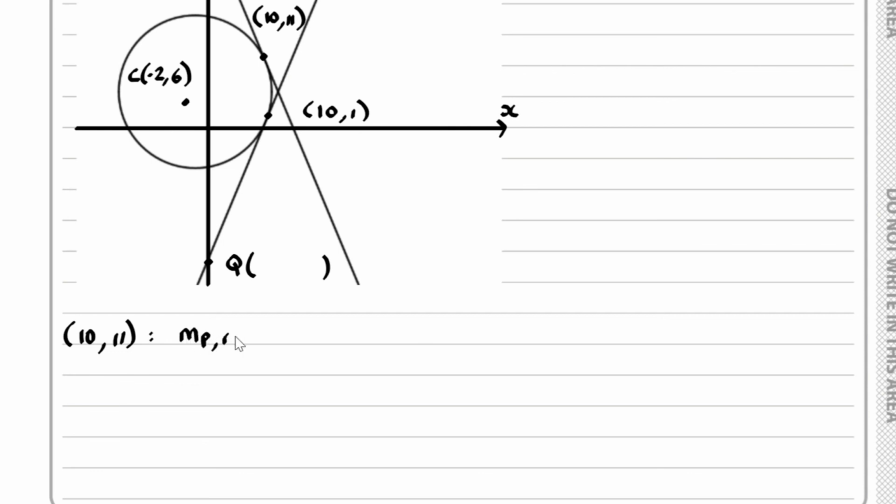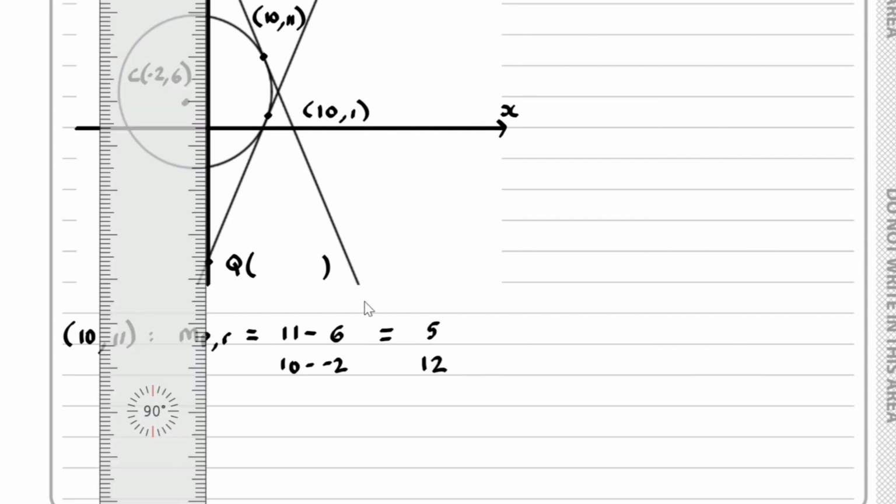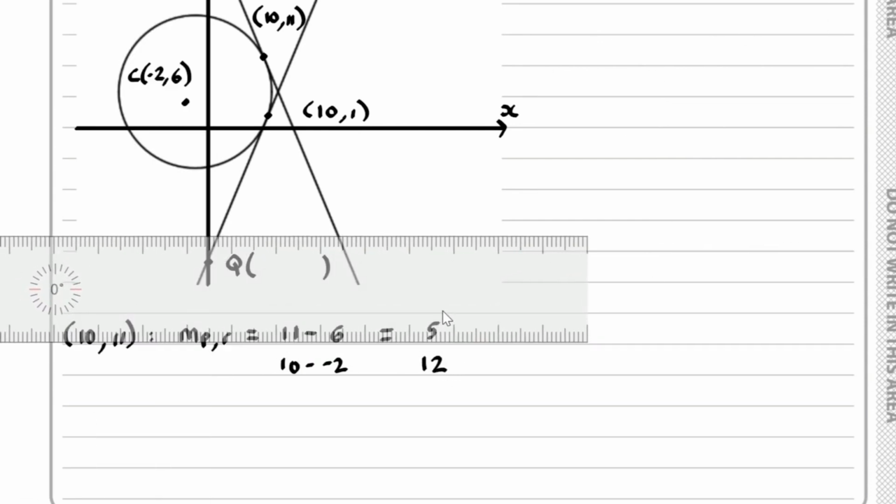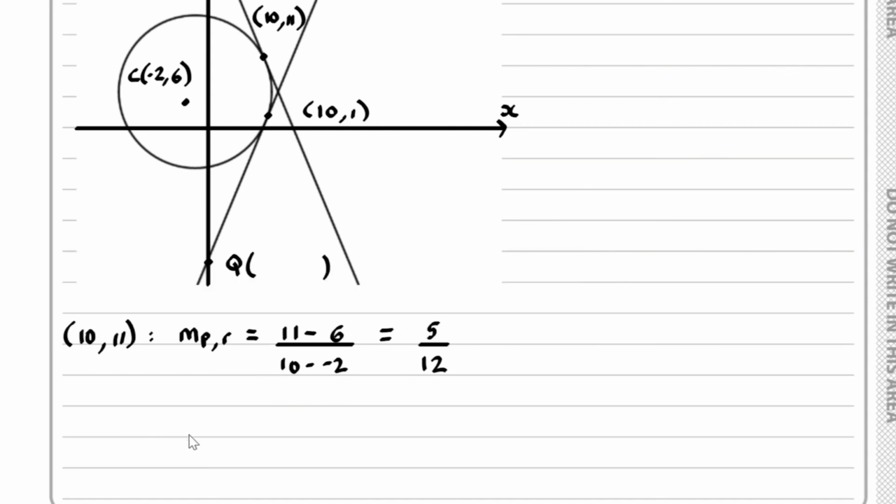The gradient of the radius will equal 11 minus 6 over 10 minus 2, which is 5 over 12. So that's the gradient of the radius. So the gradient of the tangent is equal to minus 12 over 5.